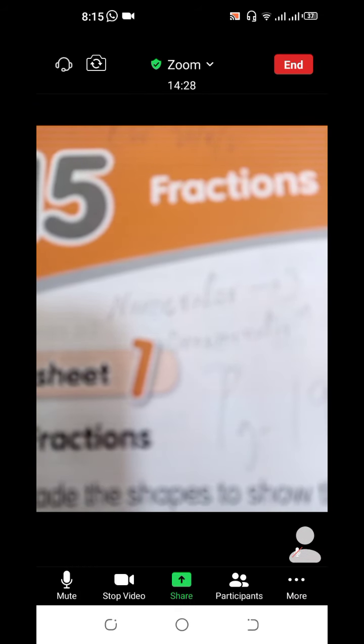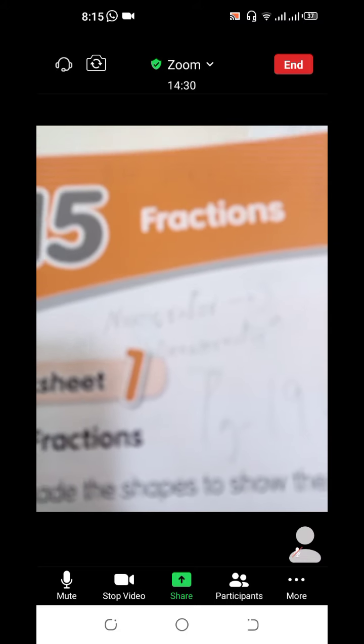The above number of a fraction is called numerator and the lower number of a fraction is called denominator.